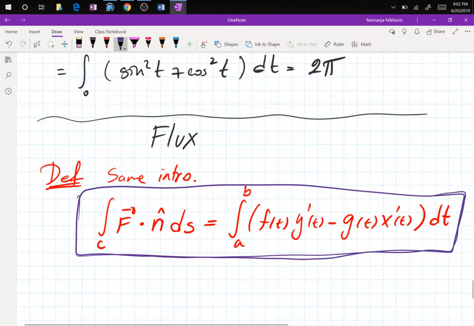Now this calculates how much stuff you have across the area for the region that you are observing.